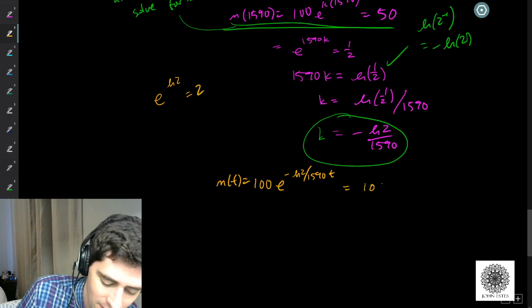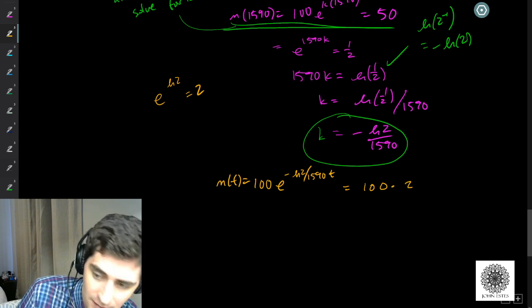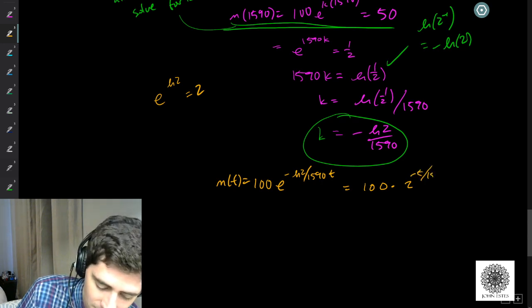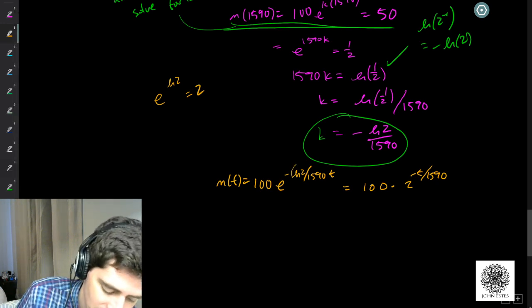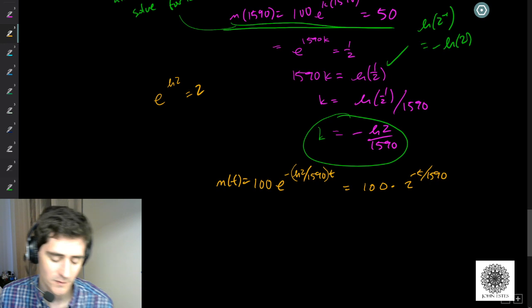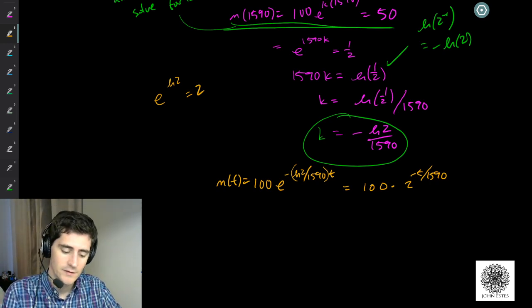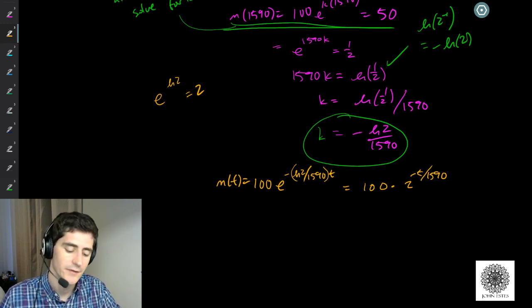So I could, if I wanted to, write this as 100 times 2 to the negative t over 1,590. I have to be careful here with my parentheses: the t is being multiplied, not divided. So M(t) is 100 times 2 to the negative t over 1,590 power.